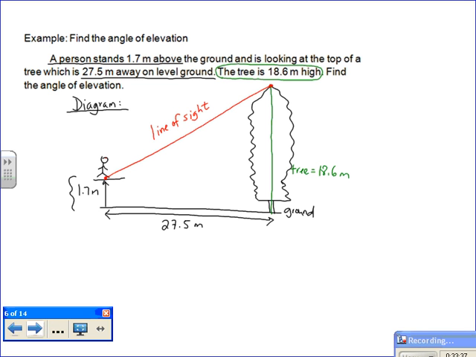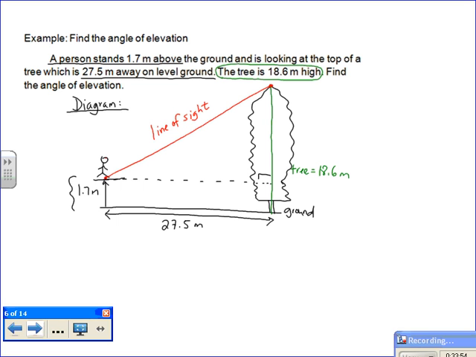But if I connected where the person is standing, if I brought this horizontal line over, in other words, I drew another horizontal line that was parallel to the ground, I would have a right triangle. So I have a slightly smaller right triangle here. There's my right angle, just like this was a right angle down below. And now I have a right triangle that I can work with. This is just another horizontal line that I've drawn in.